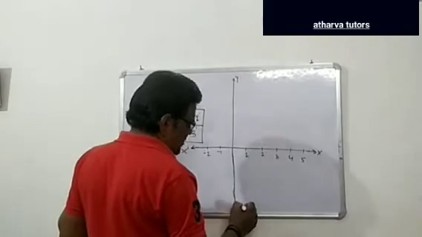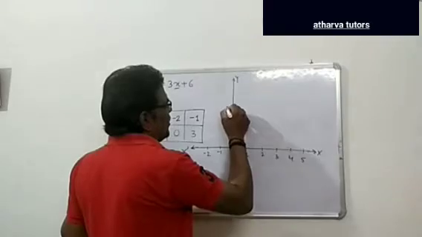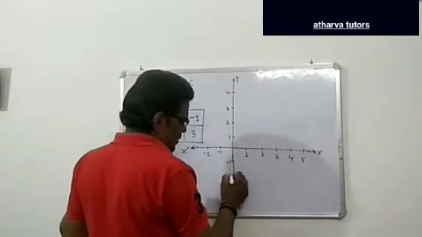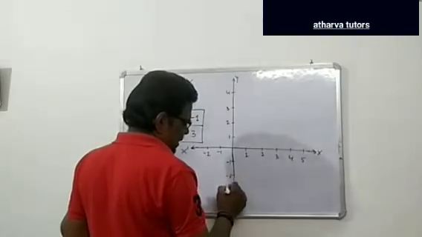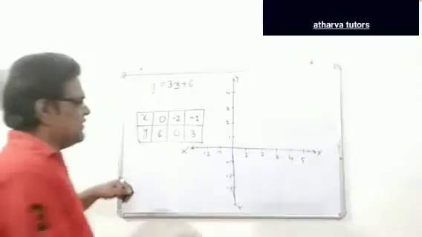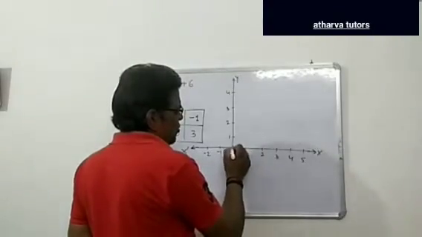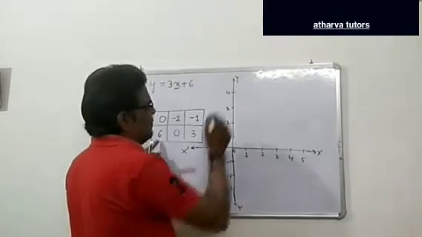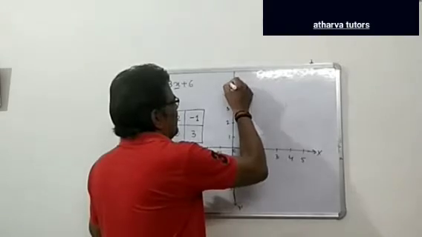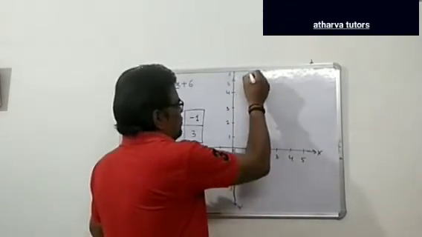Here you have 1, 2, 3, say 4. Here you say minus 1, minus 2, minus 3, and so on. Now, if x is 0, that means this is the origin. If x is 0, y is 6. I will take it further. Suppose here I am taking 5 and 6. So you first put your point here.